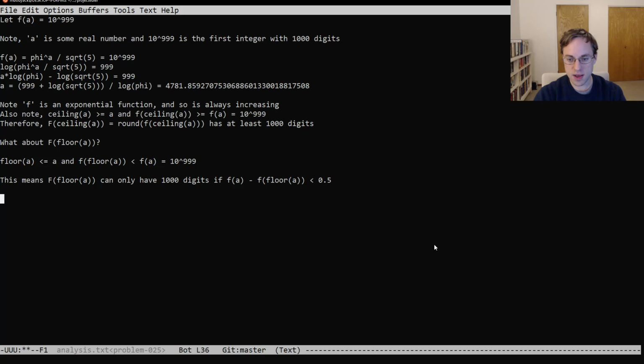So we'll say, note that A minus floor of A is less than 0.5. In particular, it's roughly 0.85927, but the exact value isn't important. All we need to know is that it's less than 0.5.